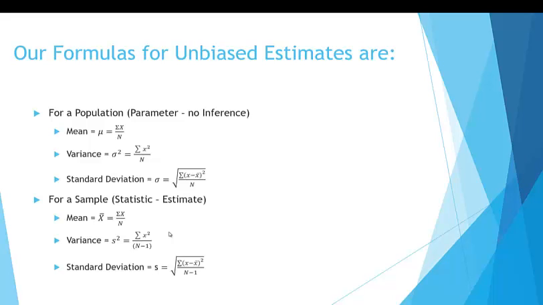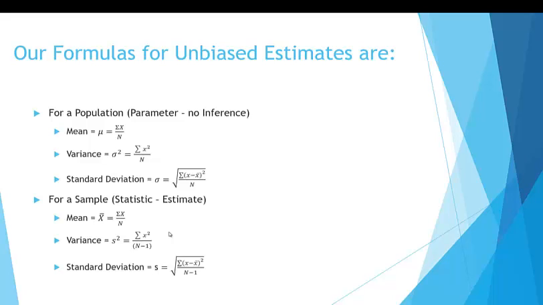We said earlier that if we have an unbiased population sample, meaning we followed all those rules we established, then our sample mean x bar is going to equal mu. But our variance and our standard deviation are going to change slightly because we have to change our n to n minus 1.